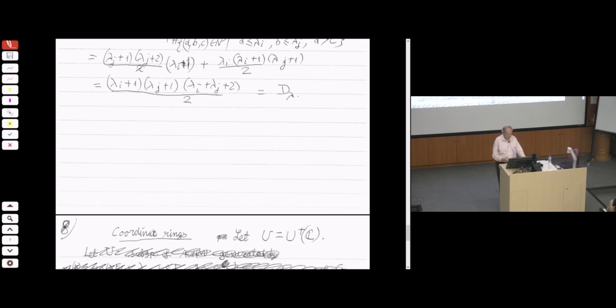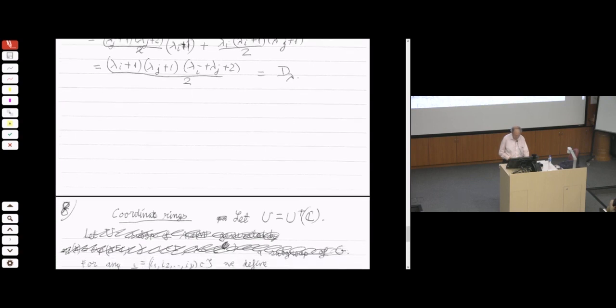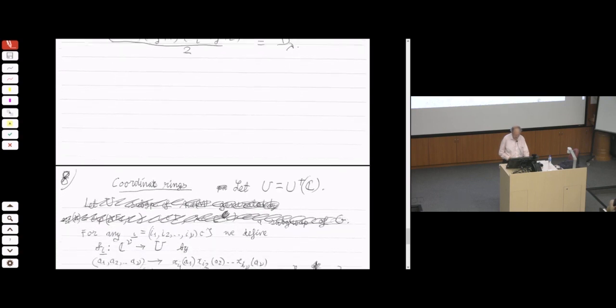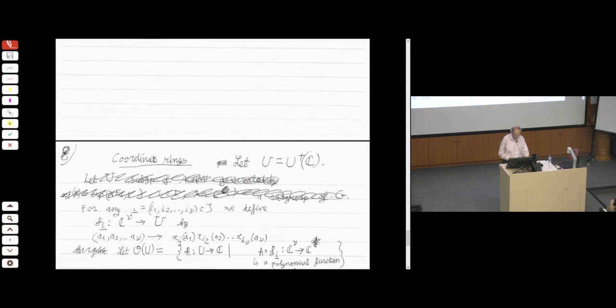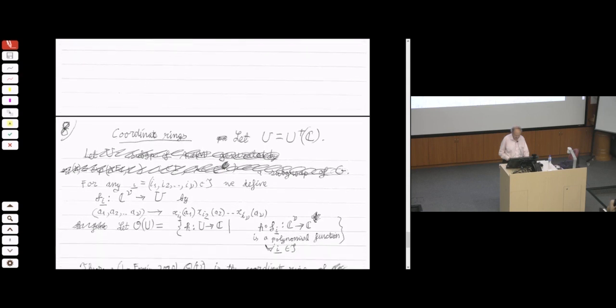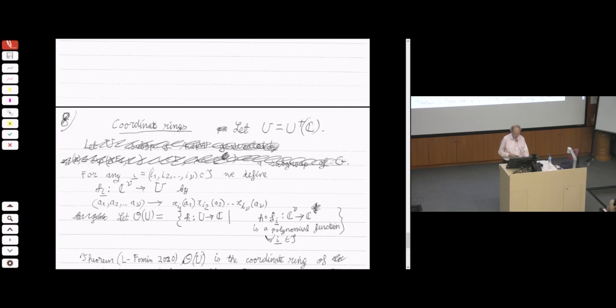The problem is to describe the coordinate ring of this Lie group U of C. This is something which I did with Fomin. I conjectured it and we proved it in a joint paper. So this is based on joint work with Fomin, 2020.